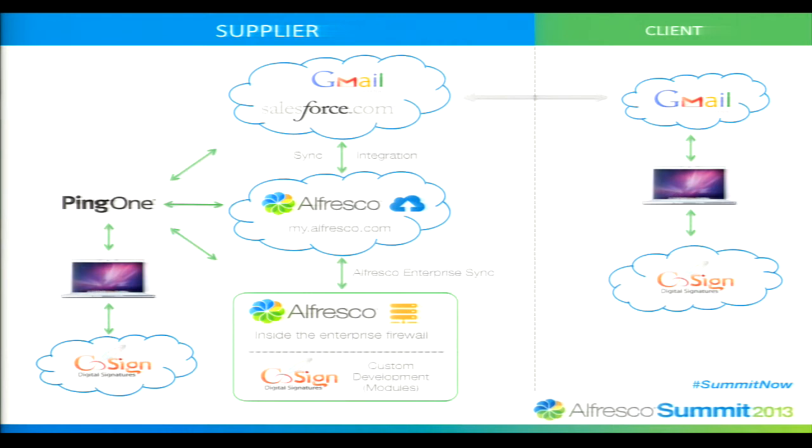The architecture we are going to use is the following. On the client side, he is using his Gmail account and his Cosign account in the cloud. And on the supplier side, we are using PingOne as identity manager in order to manage the user credentials. And with this credential, the user can access all the rest of the services using the credentials stored in PingOne.